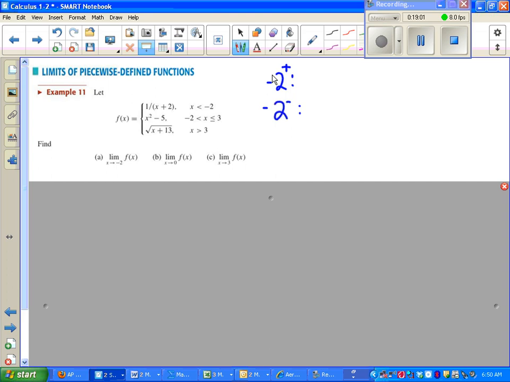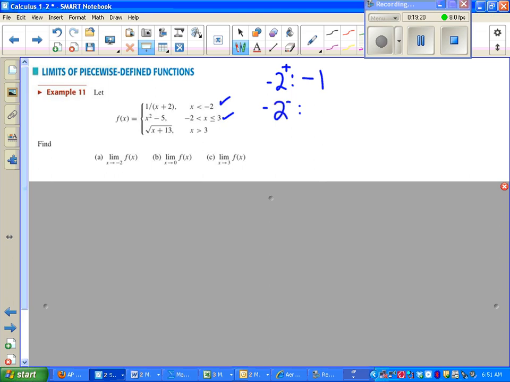On the right-hand side, that means we want numbers slightly bigger than negative 2. So we have to look at this first interval, and we can use our direct substitution. Negative 2 squared is 4, minus 5 is negative 1. On the left, that means we want numbers slightly smaller than negative 2.